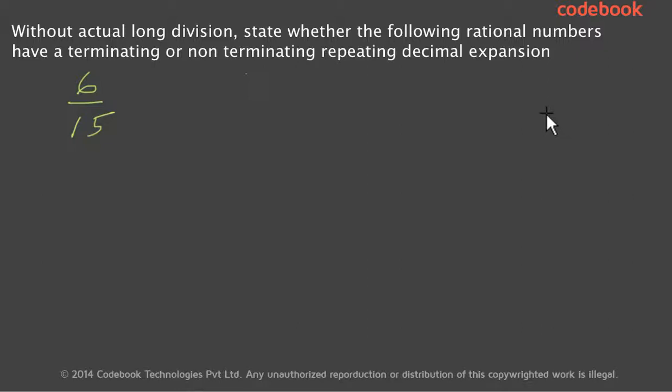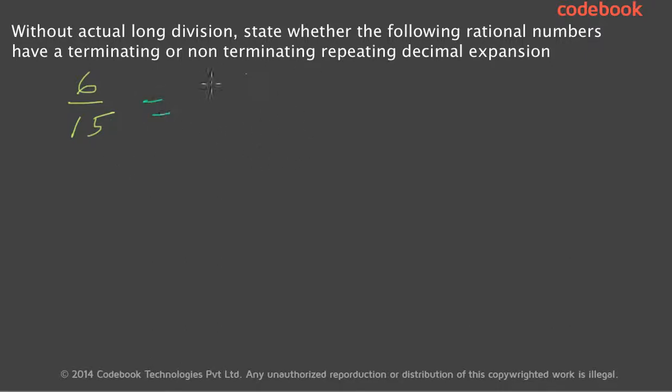The next problem that we will solve is 6 by 15. We have been given this rational number 6 by 15, which is in the form of p by q. Now we have to find out if the decimal expansion of this rational number is a terminating decimal or a non-terminating repeating decimal. Before we apply our theorems, we need to make sure that in this p by q notation, p and q are coprimes.